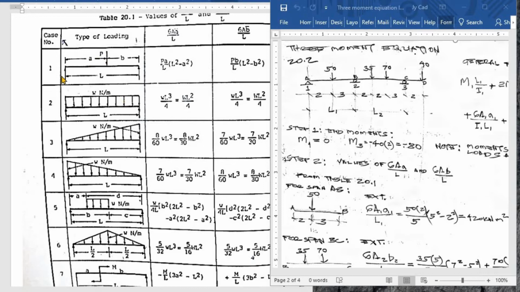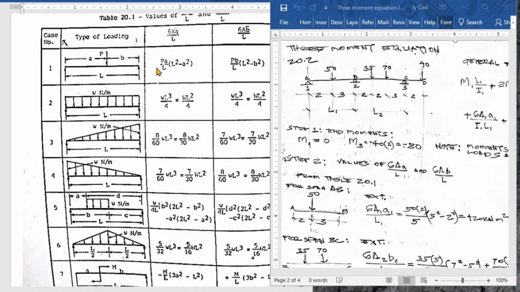So ito siya, case number 1. Ngayon, ang kukunin nating equation is yung nandito sa dulo, okay? Which is, ayan, A, yan. This is A, tapos ito naman yung end B.